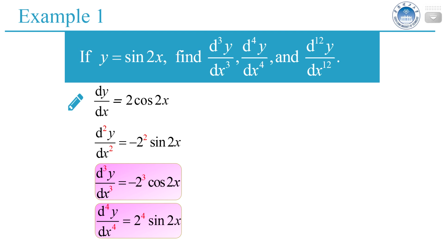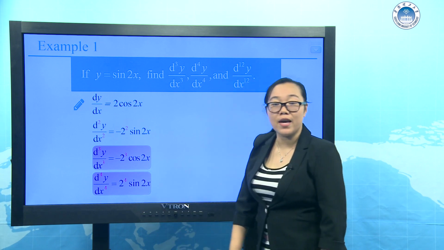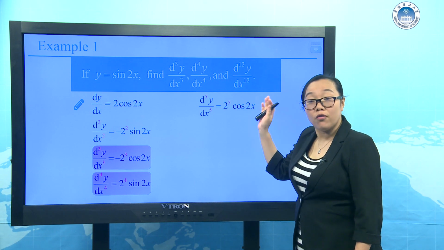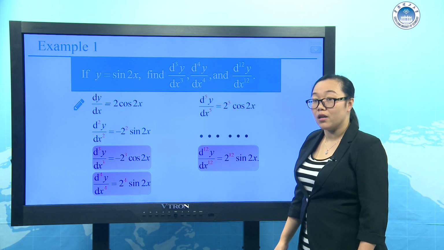How to do from here? The derivative of cosine u equals minus sine u, minus times minus together is positive. Another u prime, we can get another 2. So 2 to the fourth power times sine 2x. And then we can get the fifth derivative, and then we can get the 12th.